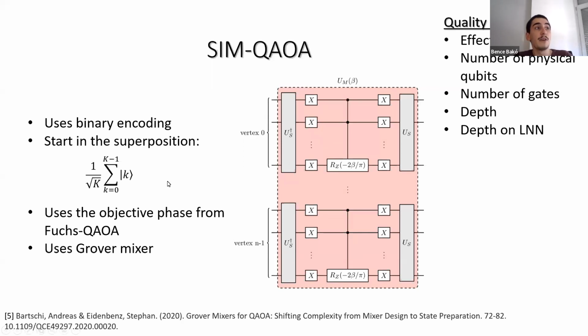And if we have an implementation of such a state preparation, then we can use the Grover mixer for our mixer Hamiltonian, which is basically just composed of the inverse of the state preparation, some X gates, a multi-controlled Z rotation, and uncomputing the X gates and the inverse of the state preparation.